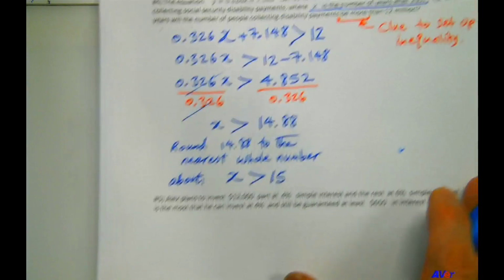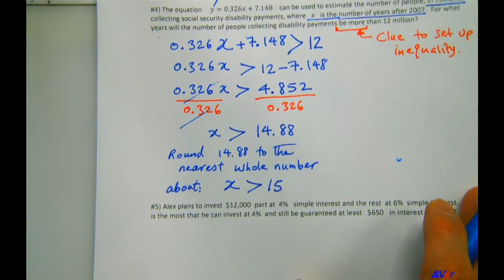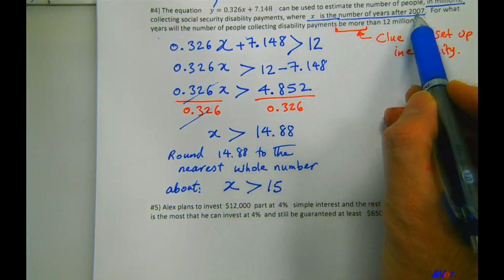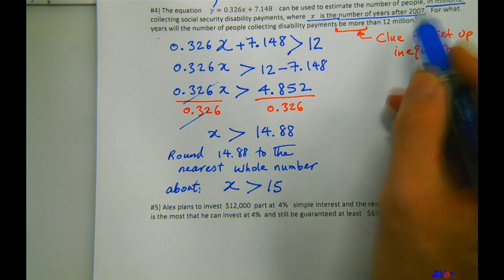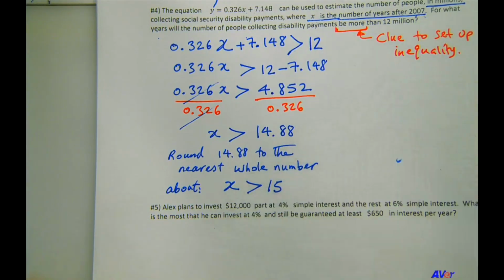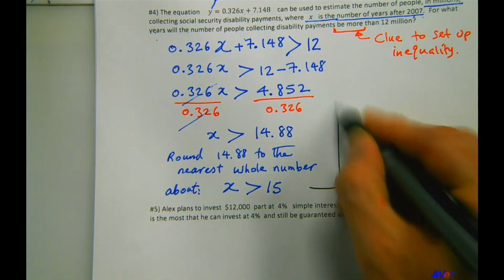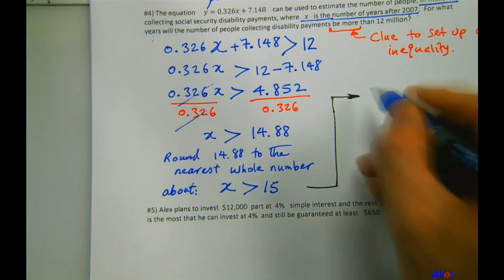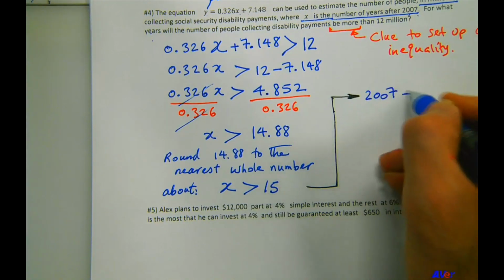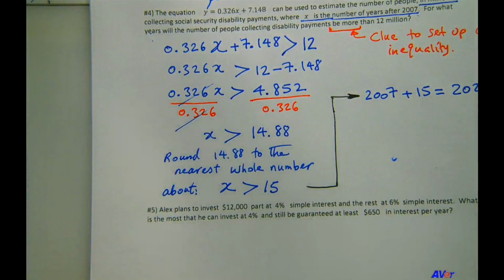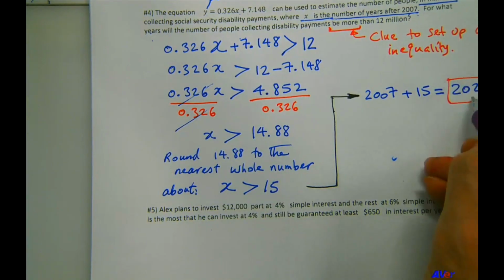Remember, x represents the number of years after 2007, right? So let's add that to 2007. 2007 plus 15 equals 2022. Okay, so that's the answer.